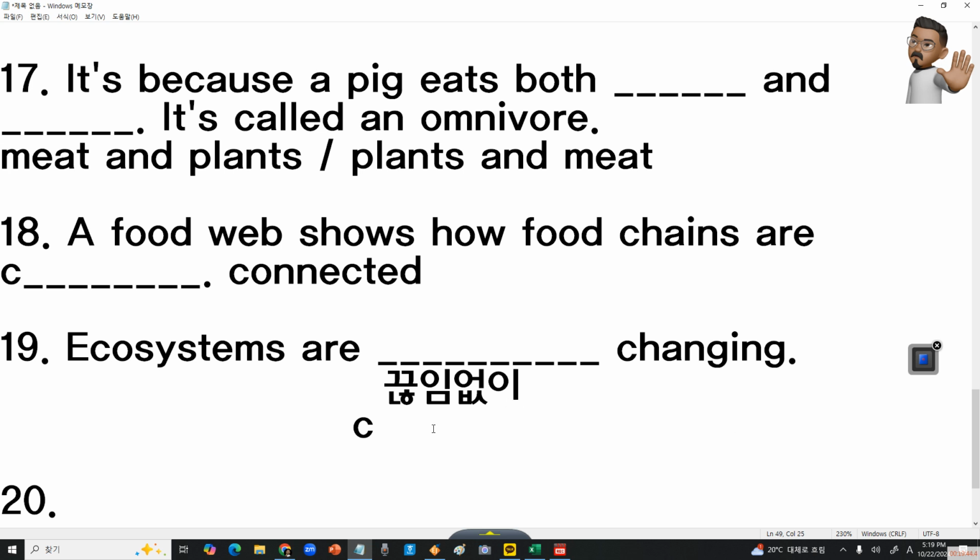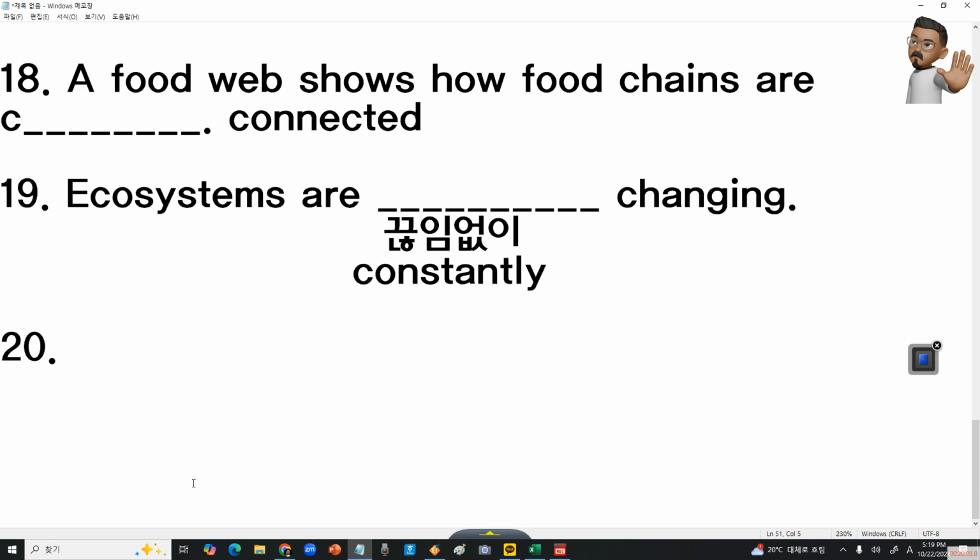They never stay the same. 3, 2, 1, up. Constantly. We need an adverb, not an adjective. Constantly. All right, next.